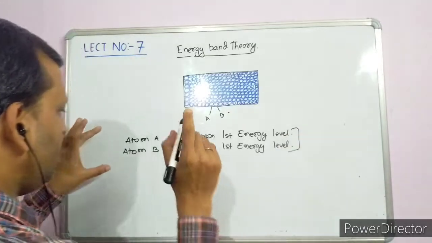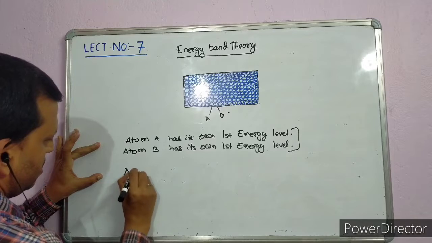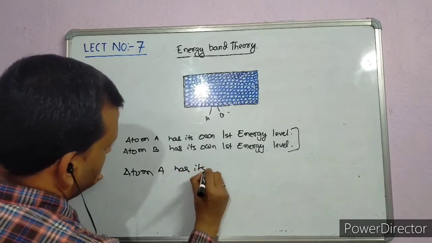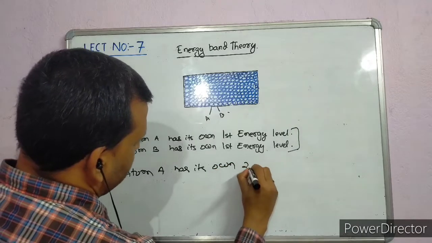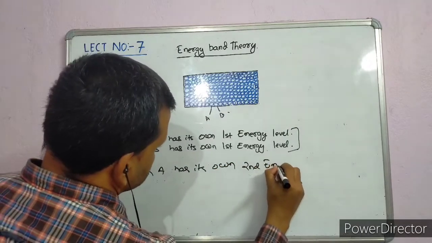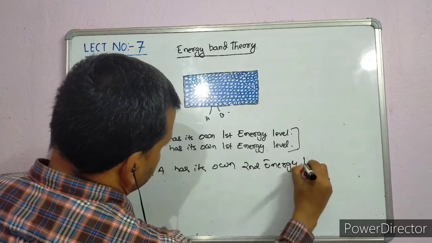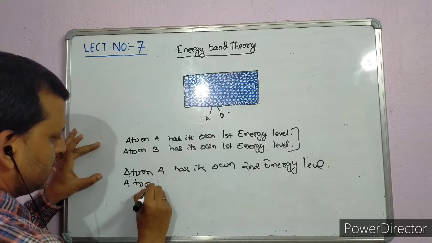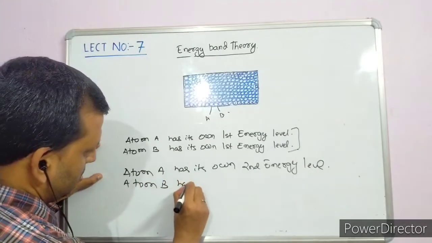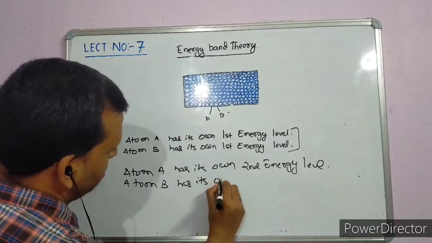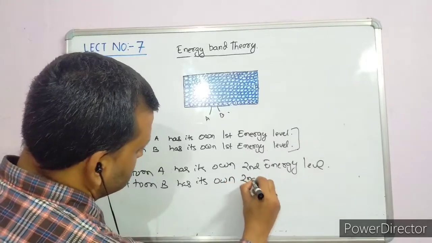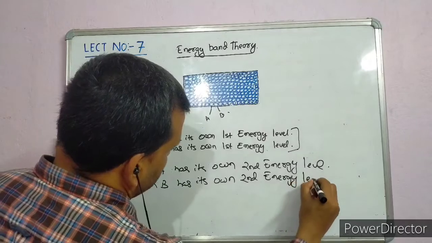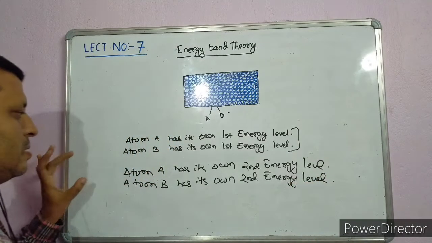Similarly, atom A has its own second energy level, and atom B also has its own second energy level.